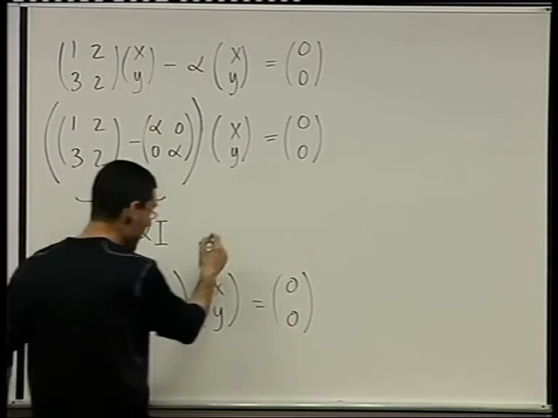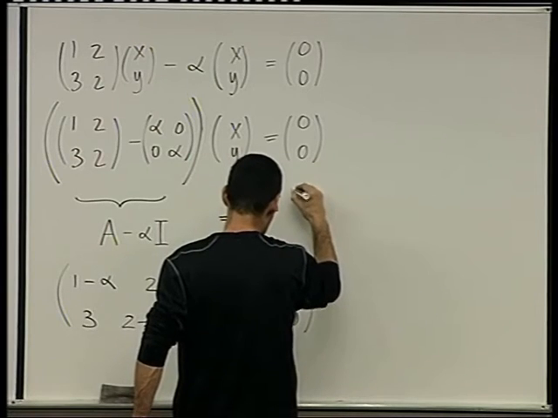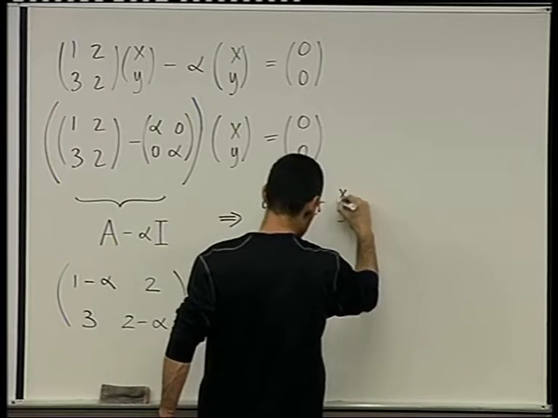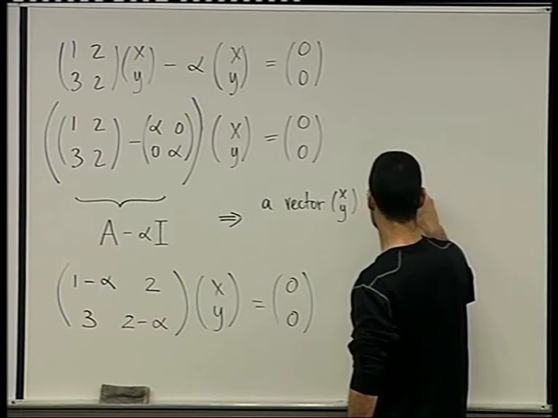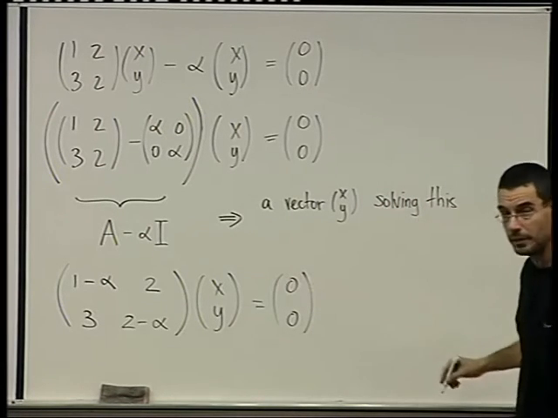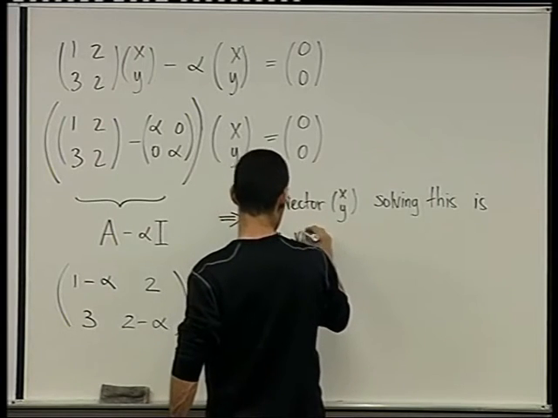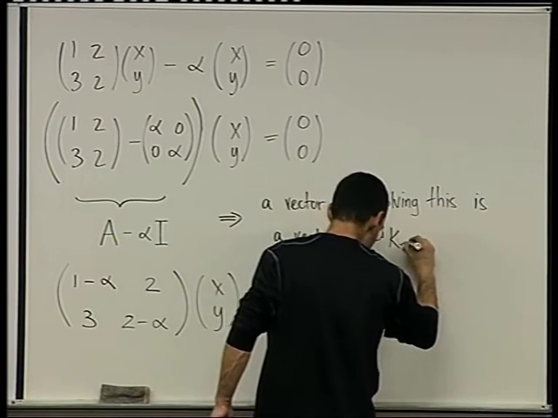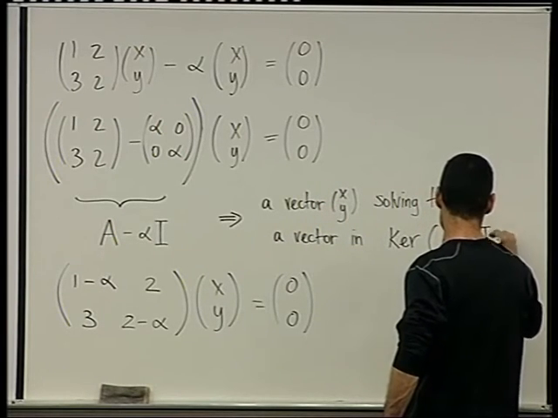So from here I can see that a vector xy solving this system is a vector in the kernel of A minus alpha I.